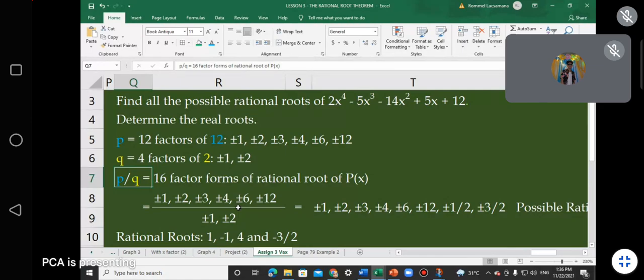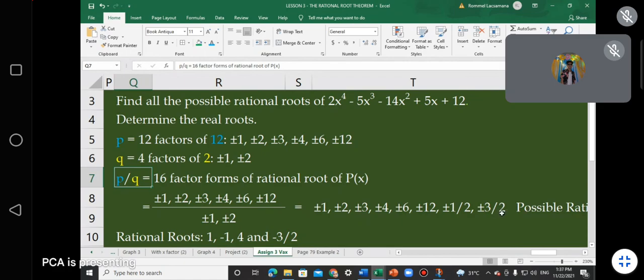Did you understand? So for the rational roots, the fractions, it's 1 over 2, and then 2 over 2, it's 1. 3 over 2, and then 4 over 2 gives you 2. Mind you, you do not write that there.